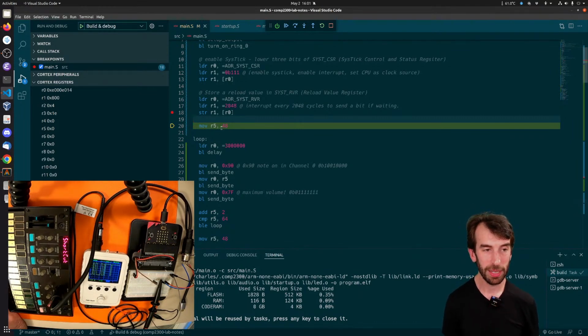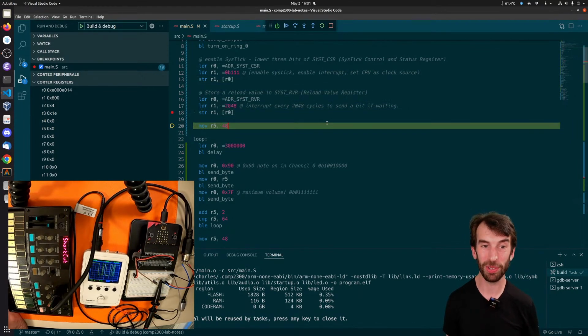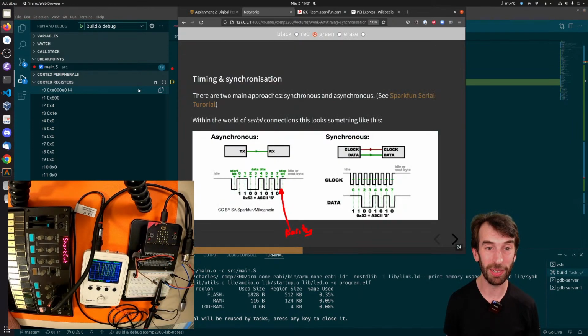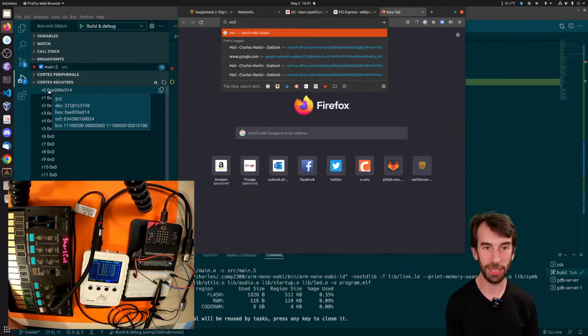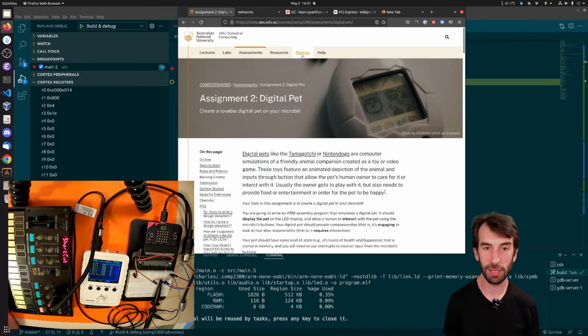Another thing is that, generally, no programmer in their right mind would usually use this method to send serial. They'd be using the hardware built into the micro:bit, which is specifically designed to send serial. If I go to the NRF, now where's my resources?